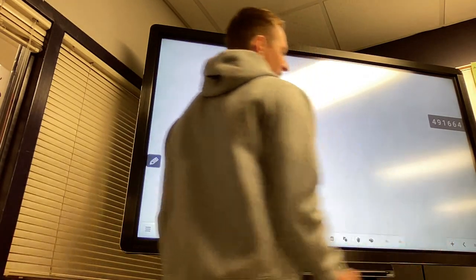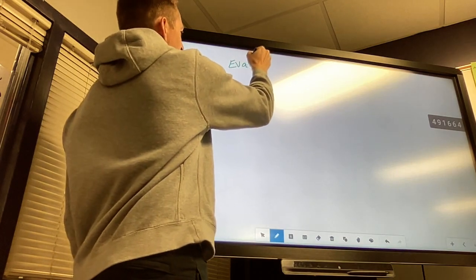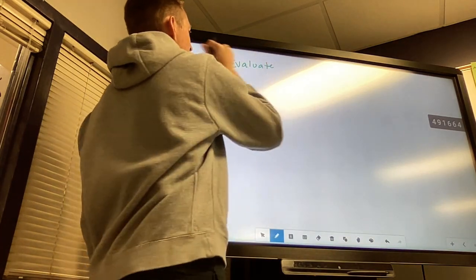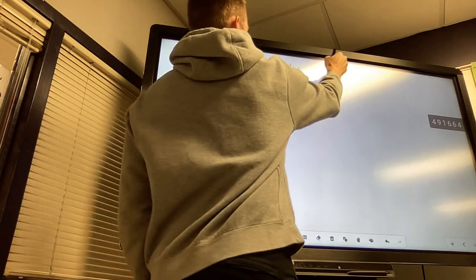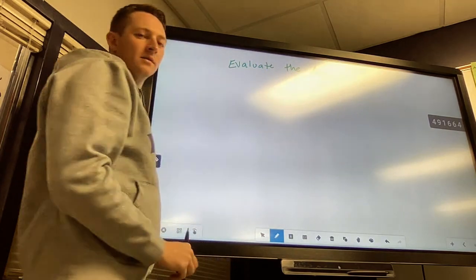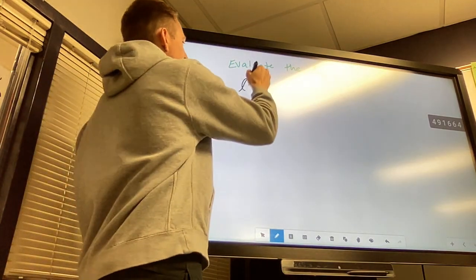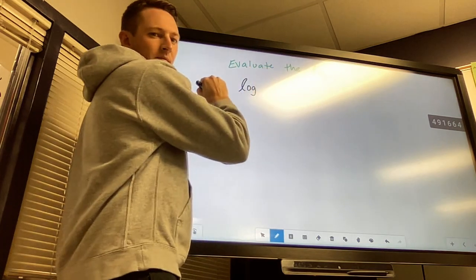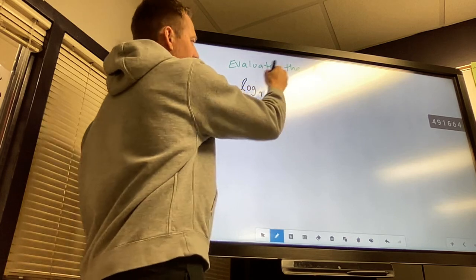Next one. Very similar. We're going to evaluate the log. I want you guys to try this on your own, and I'll step in and help a little bit. So we're going to evaluate the logarithm, and it's going to be log base 9 of negative 81.